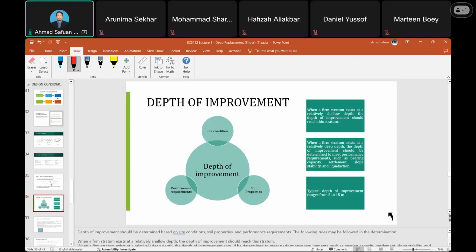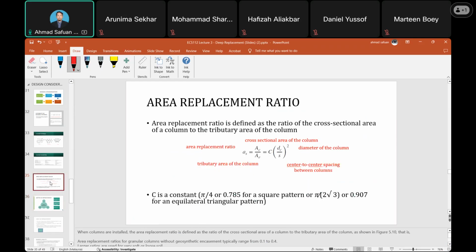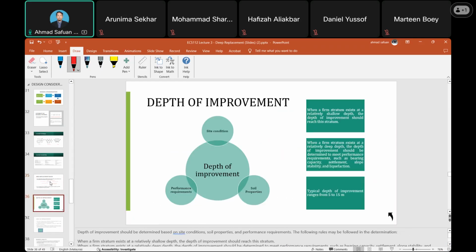So depth of improvement, that is for the area improvement. Now we go to the depth of improvement. It depends on the site conditions, soil properties, and performance requirements. When a firm stratum exists at a relatively shallow depth, the depth of improvement should reach this stratum.